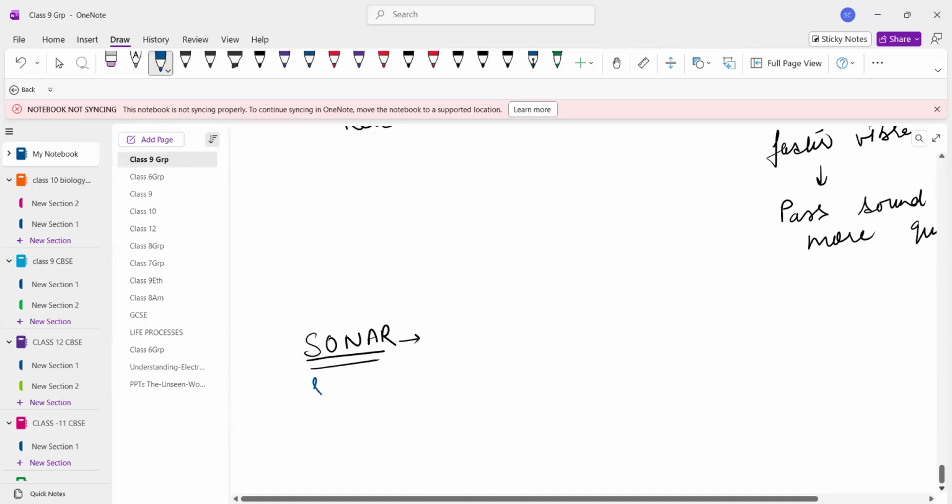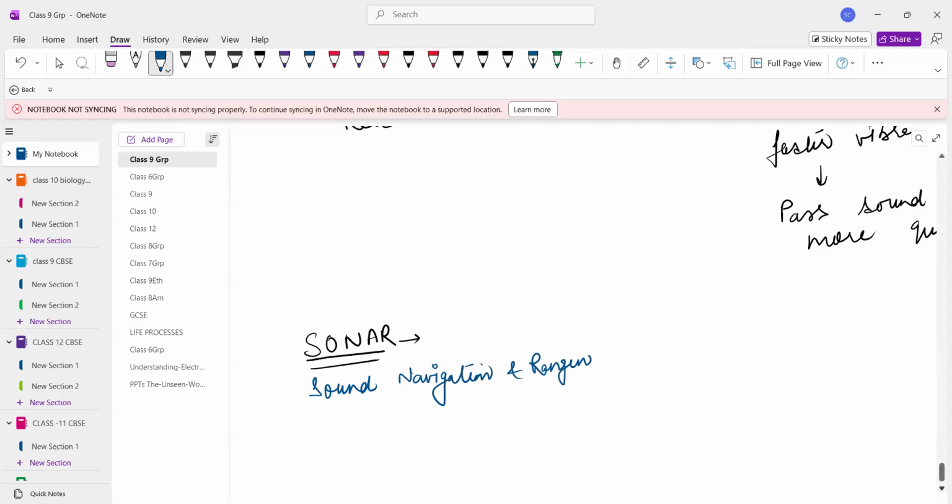So the full form of sonar is sound navigation and ranging. Basically, this device we generally use to find the distance and the direction of underwater objects. For example, suppose we want to find out the ocean floor, or the location of any submarine. In that case, we use this device.